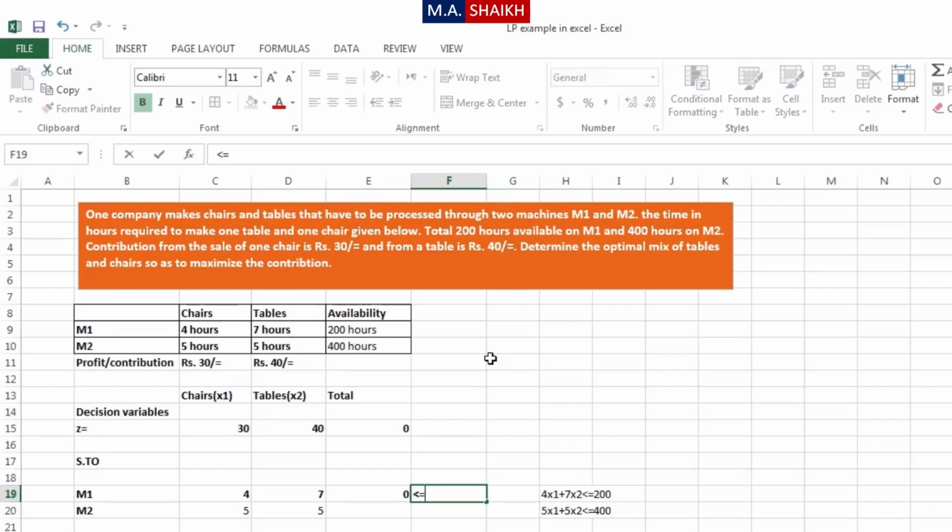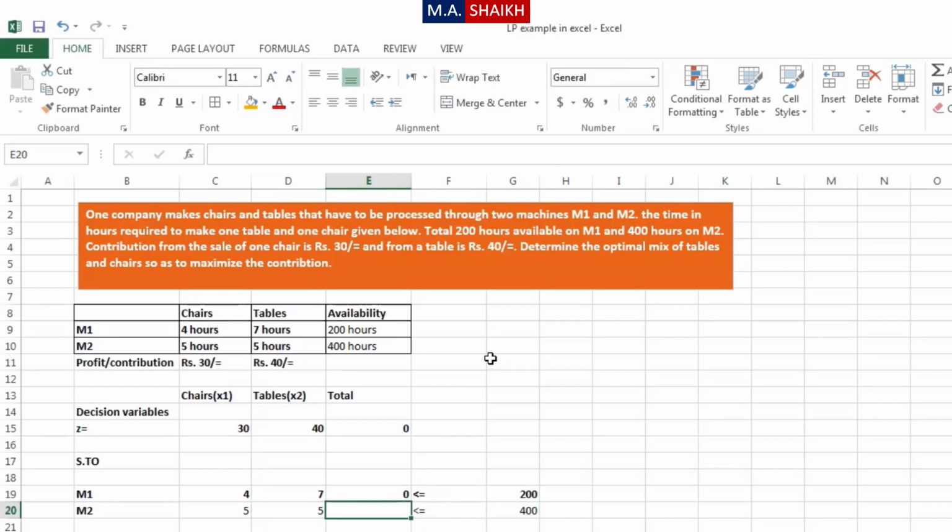So the first is less than or equal to 200, and this is less than or equal to 400.